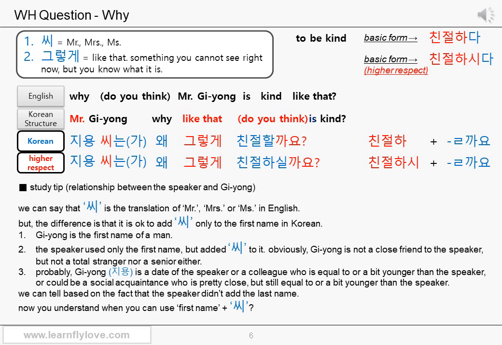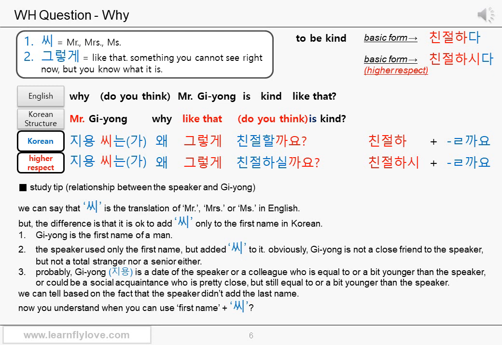Do you think Mr. Jiyoung is kind? The basic form of the adjective kind is 친절하다. 친절하 is the stem. If you want to ask the listener his or her opinion, you should use the final 르 sound plus 까요.